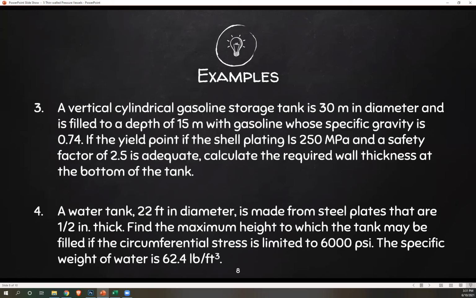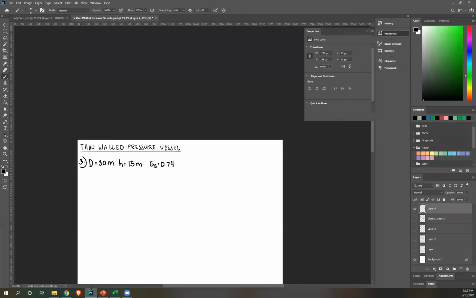So meaning it's the point where the deformation starts becoming permanent. And we want to avoid that. We want to avoid permanent deformation. So the yield point then effectively becomes our maximum allowable stress. So this is your maximum allowable stress, 250 MPa.